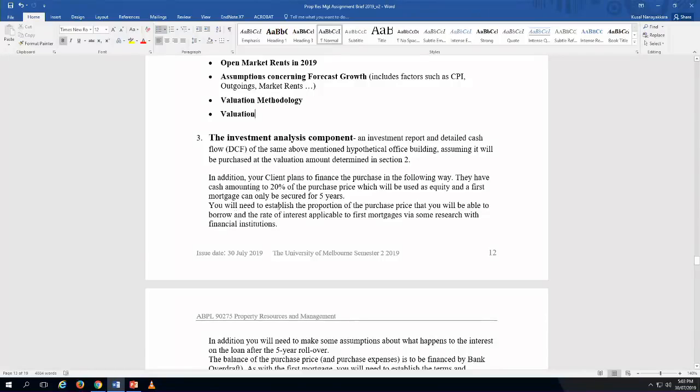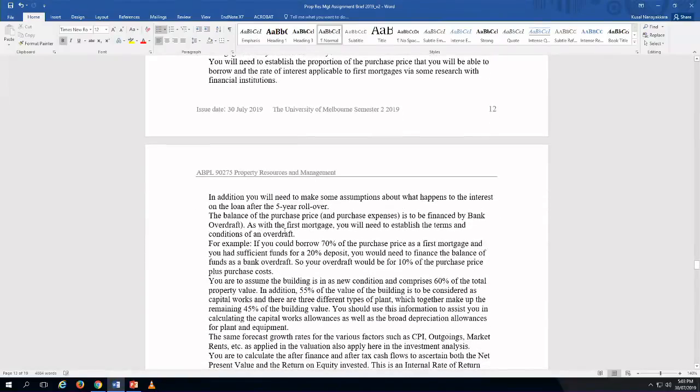You will need to establish a proportion of the purchase price that you will be able to borrow and the rate of interest applicable to the first mortgage via some research with financial institutions. In addition, you will need to make some assumptions about what happens to the interest of the loan after the 5 years rollover period.